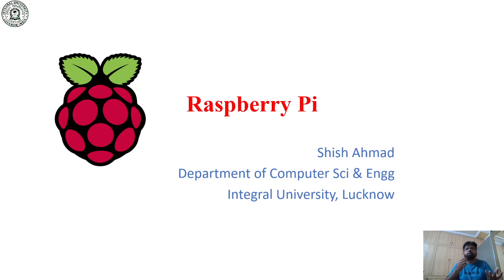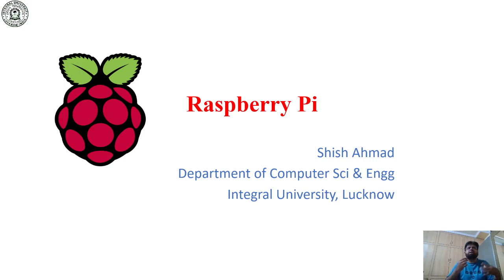What is the need, basically? So Raspberry Pi was introduced in 2013 and its name is Raspberry, that is the name of a fruit also, of course. Why is its name Raspberry?